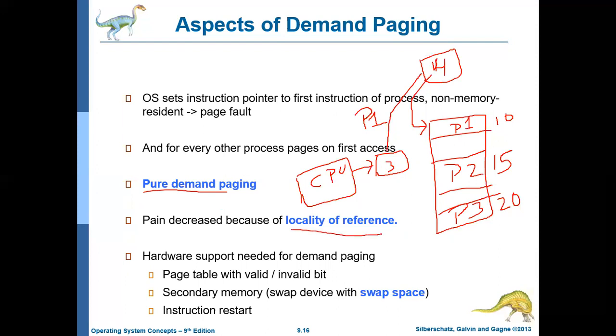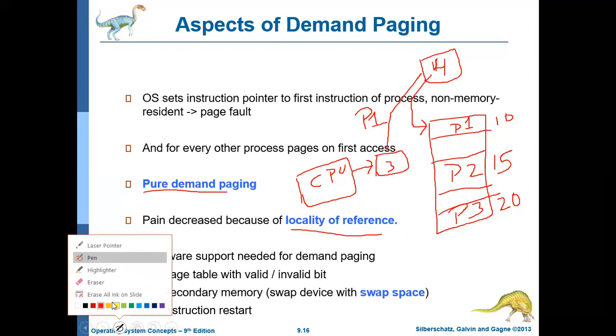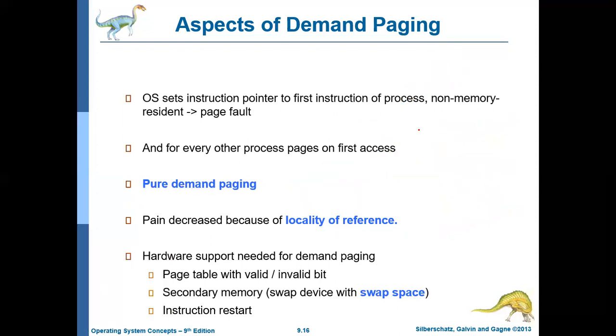What is locality of reference? Normally if you take any program, a program contains multiple functions. Say there is a function, function 1. If this function 1 is currently executing, it may have some variables, arrays, stacks or data structures.